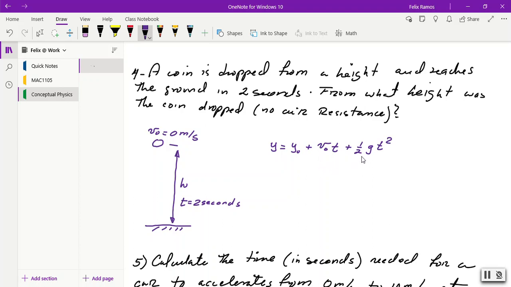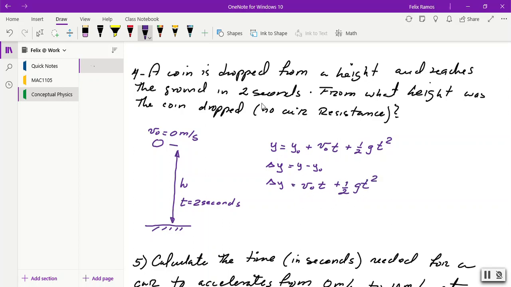Remember that when we have something that is falling, the acceleration is going to be the acceleration of gravity. I will move y sub 0 to the other side, so I have delta y, which is y minus y sub 0. So delta y is equal to the initial velocity times the time plus 1 over 2 g t squared.